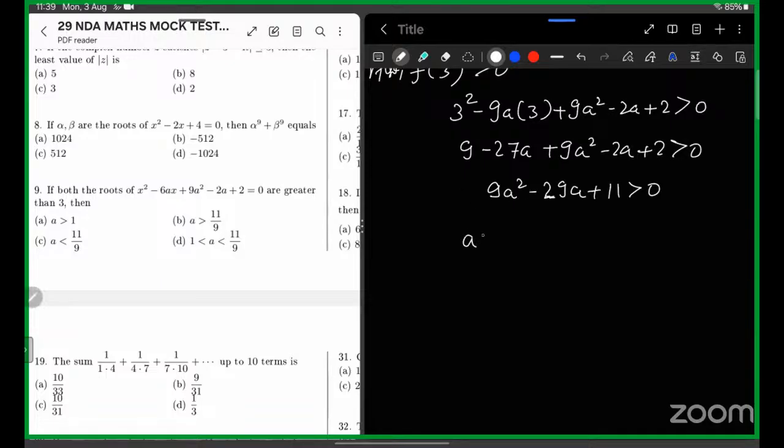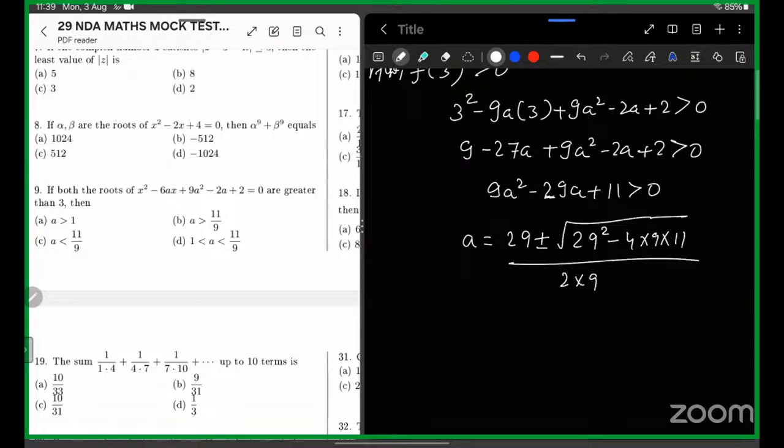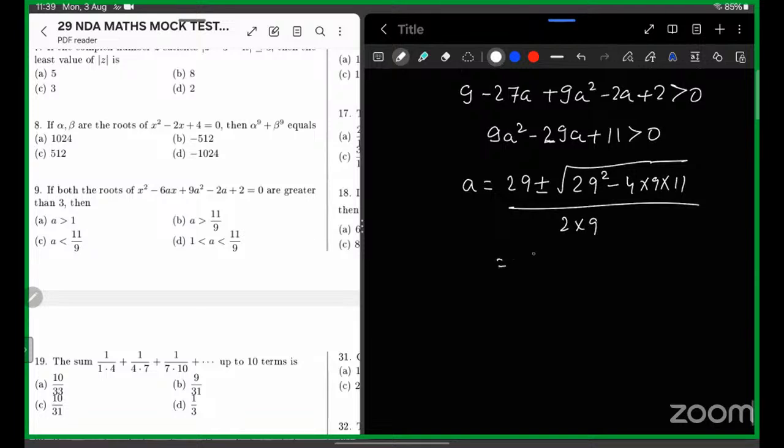So if we try to find this value a like this by the roots property, what you are going to get here? Minus b, that is 29, plus minus root under b square minus 4 into a into c divided by 2a, that is 2 into 9. Let us see what value you are getting.